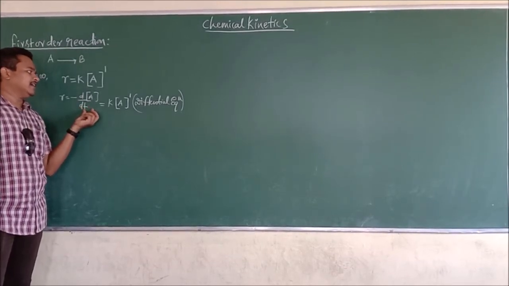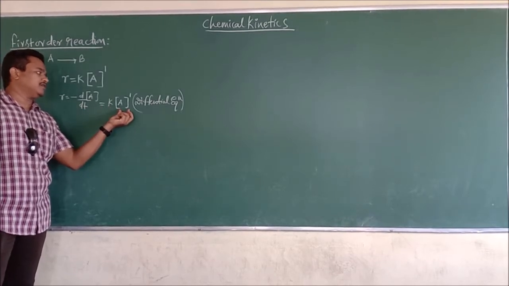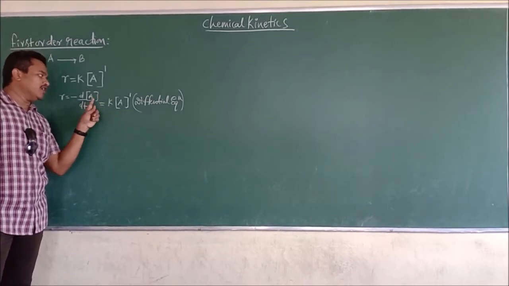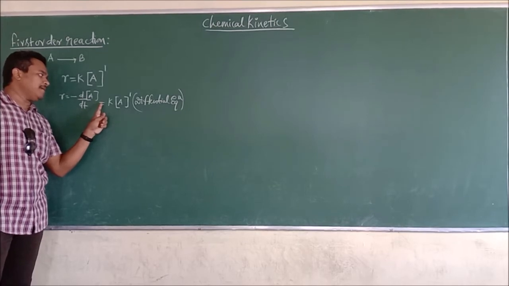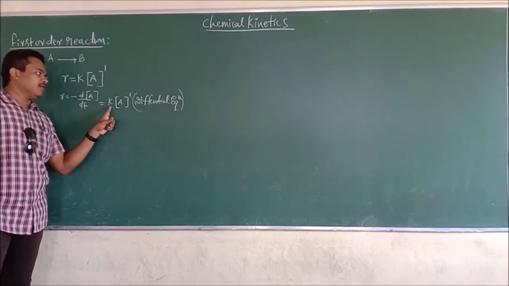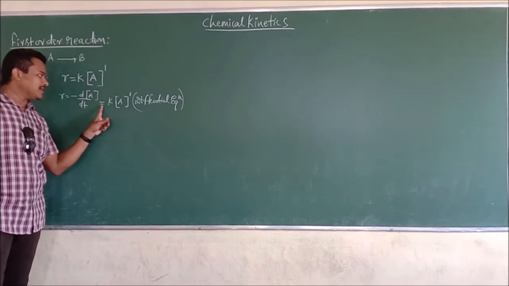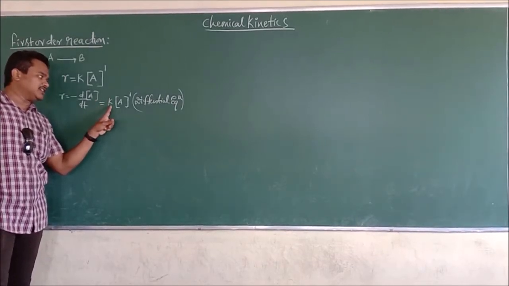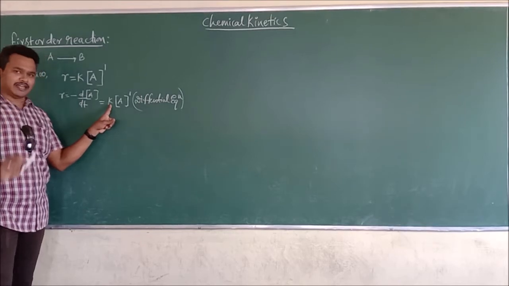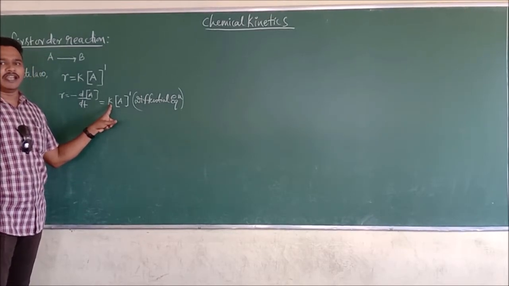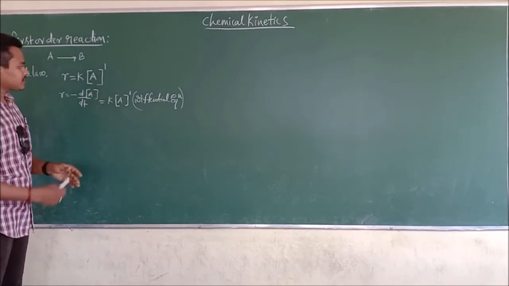The rate is directly proportional to the concentration of the reactant. Once you remove the proportionality relation, you get equal to and the proportionality constant. This K is called the rate constant that we studied in the last class.